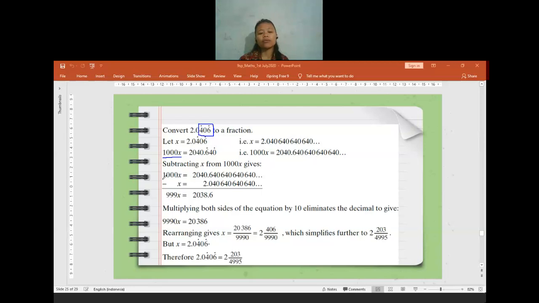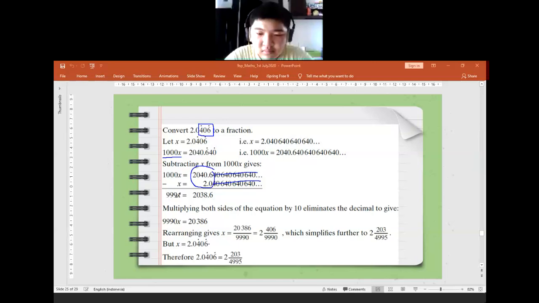So we write the 1000x first, and then we can cancel all the decimal places that are equal. This is equal, so the leftover will be 2040.6 minus 2. The answer will be 2038.6. 1000 minus 1 equals 999.